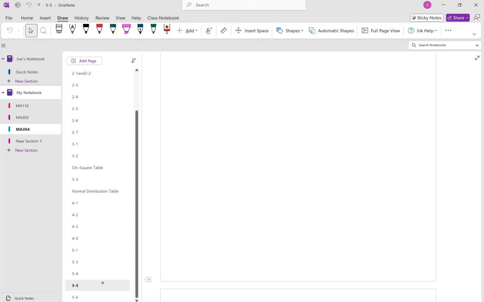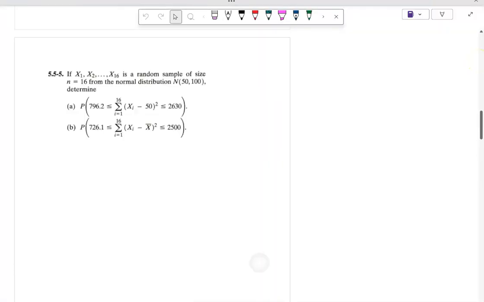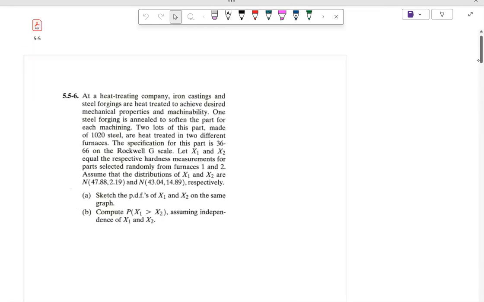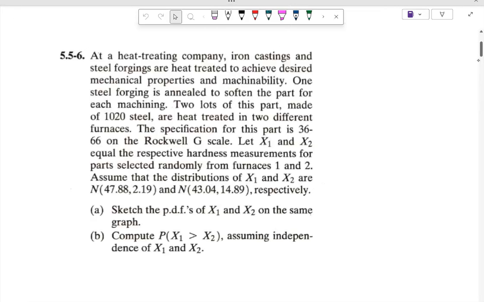And then what happens if you've got distributions that aren't normal, but you have a random sample that keeps getting larger and larger. That's the idea behind what we're going to talk about. We already mentioned this before, but let's look at this first problem.